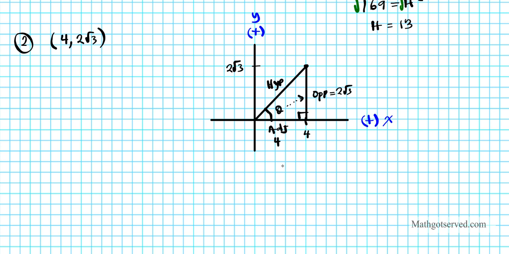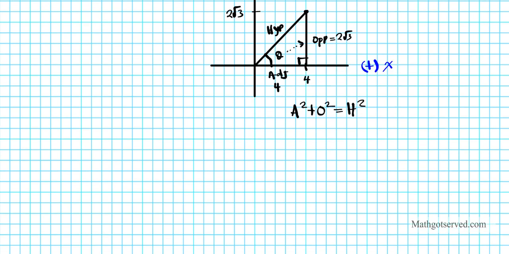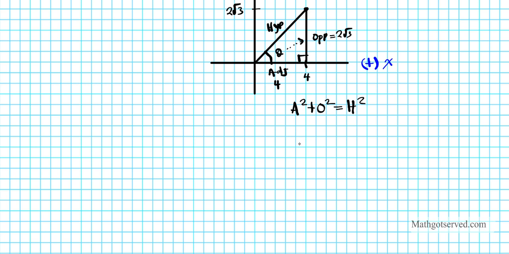So to find the hypotenuse, we're going to use the trig version of the Pythagorean theorem. A squared plus O squared equals H squared. Okay? Alright, when we substitute the values, we're going to have 4 squared plus 2 root 3 squared equals H squared. Okay?